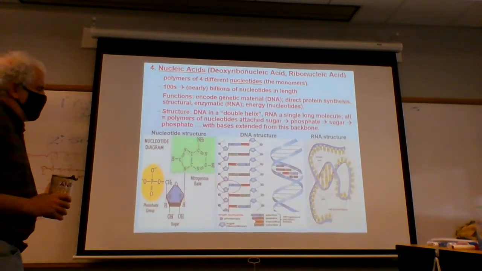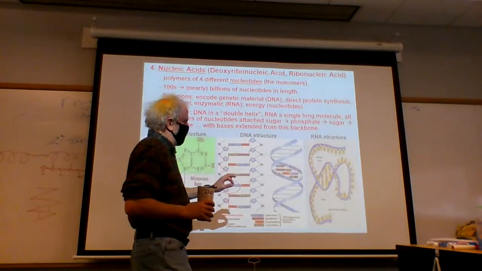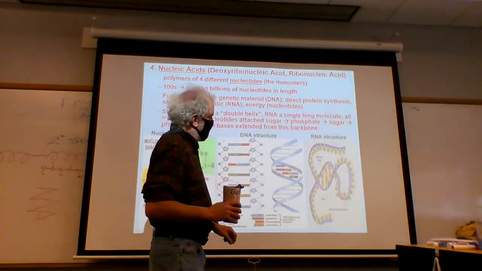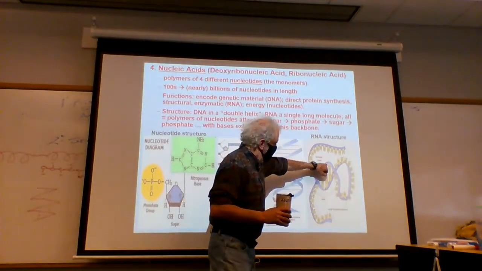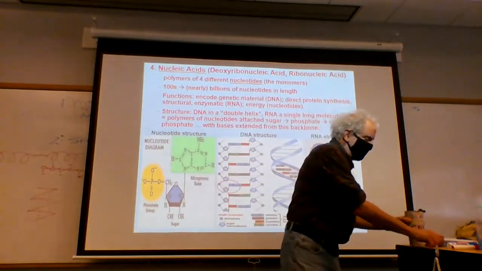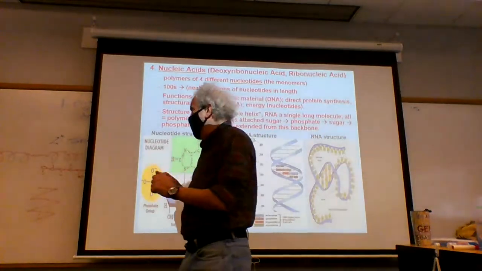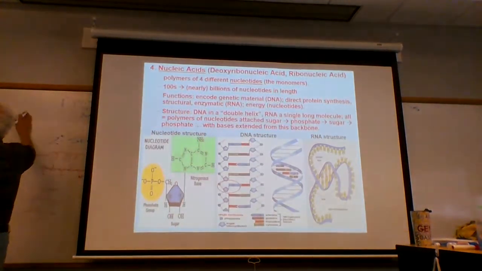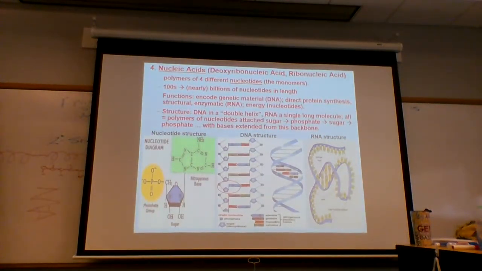RNA, on the other hand, is typically not double-stranded. It can form intramolecular base pairs. So you can have RNA that actually can wiggle and fold up around itself. And DNA, we draw it as a double helix, whatever. I never draw it that way when I'm trying to diagram it.